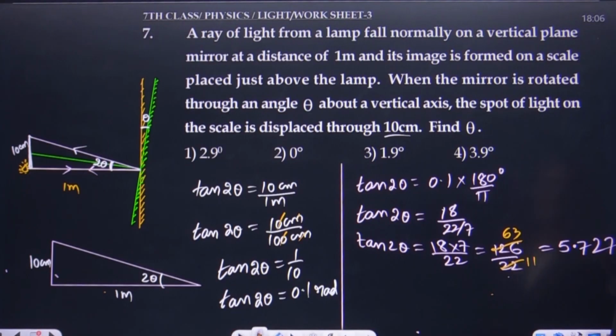And again 5.727 or approximately you are getting something like this, 5.727 or approximately, let me take it as 5.8, approximately let me take it as 5.8.